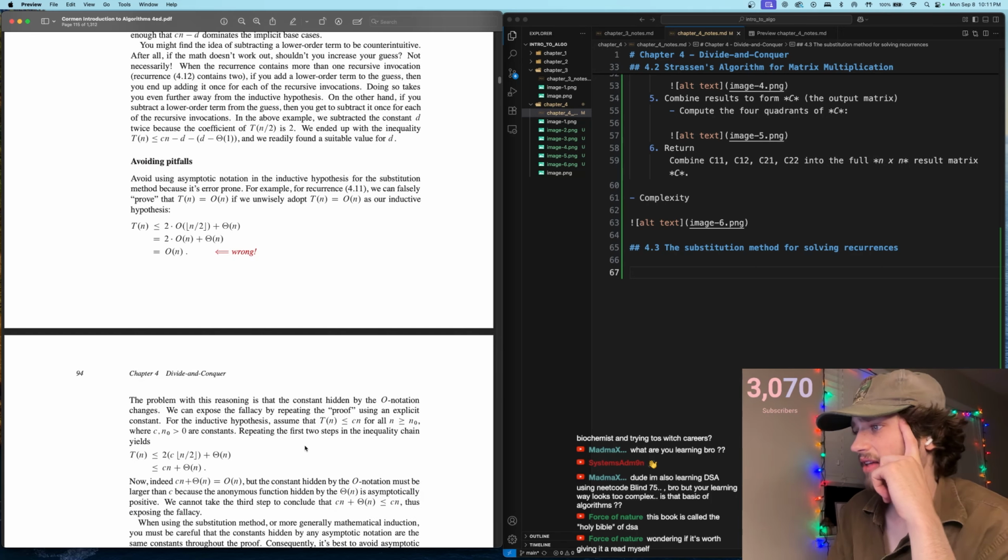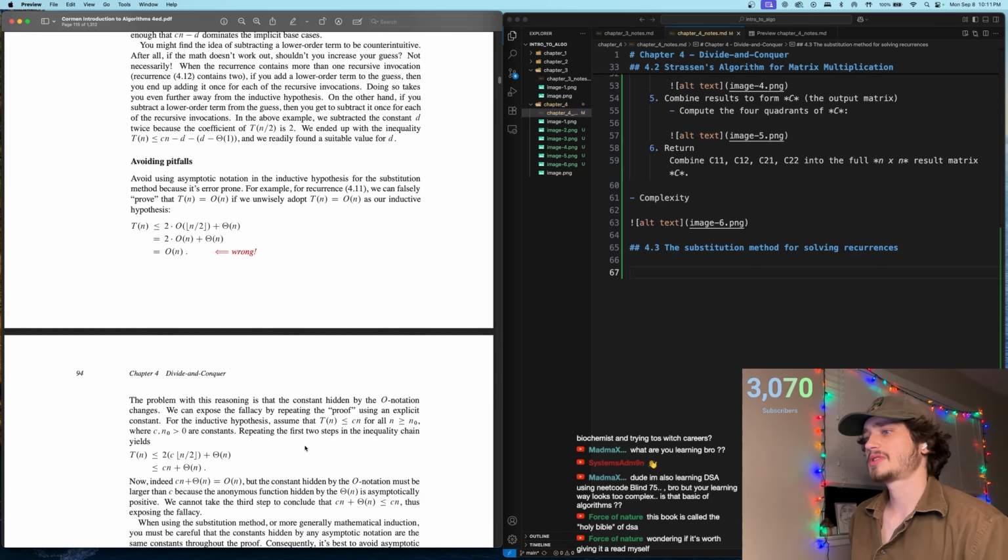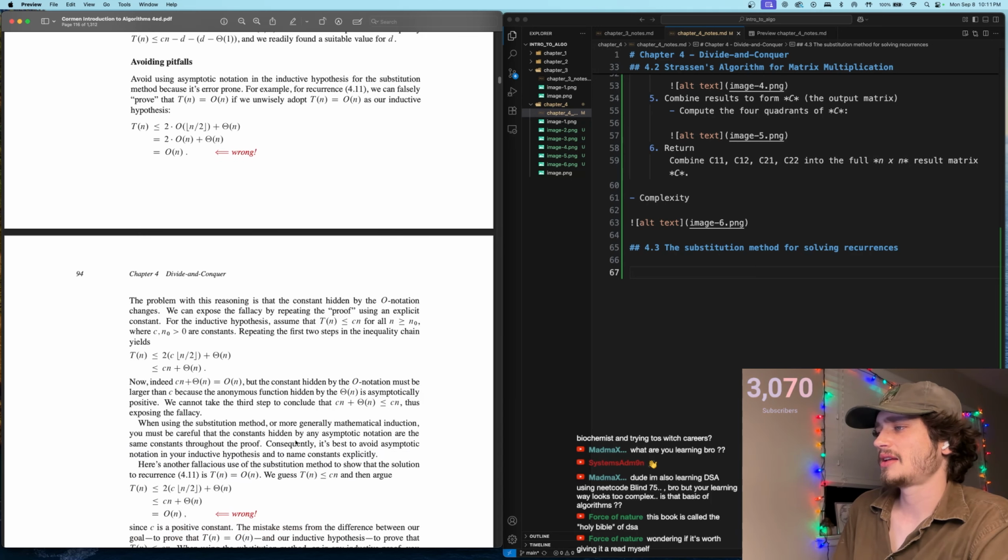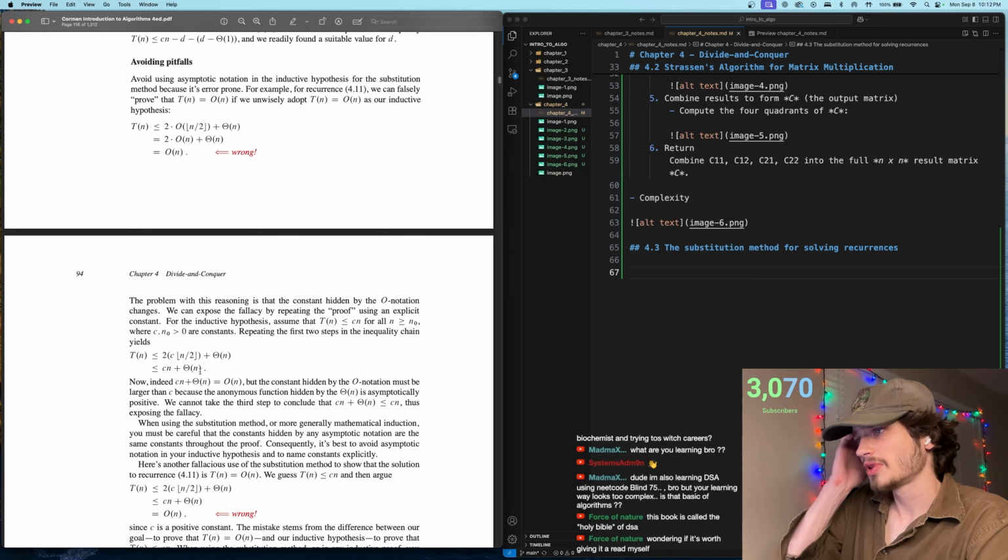We can expose the fallacy by repeating the proof using an explicit constant. For the inductive hypothesis, assume that T(n) ≤ cn for all n ≥ n₀, where c and n₀ are greater than 0 and are constants. Repeating the first two steps in the inequality chain yields this, where T(n) ≤ 2c⌊n/2⌋ + Θ(n), which is ≤ cn + Θ(n).